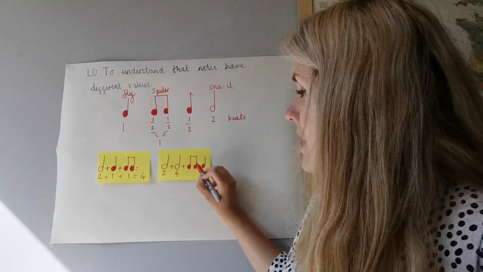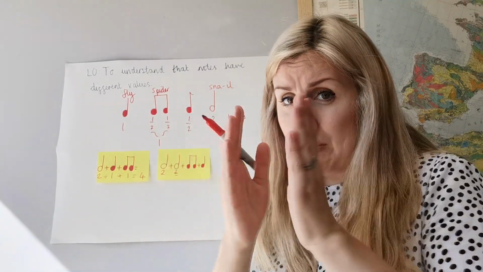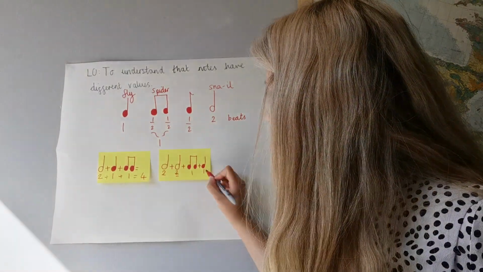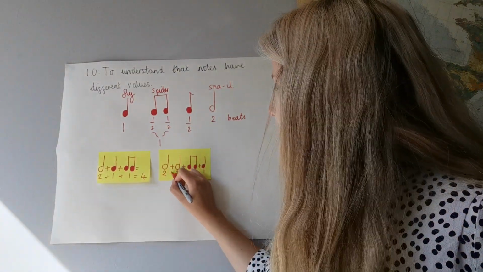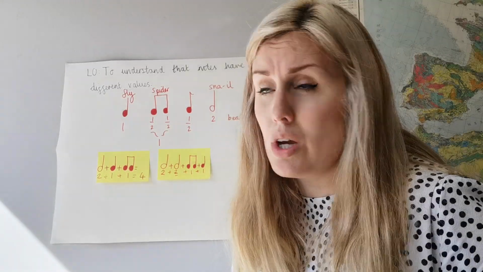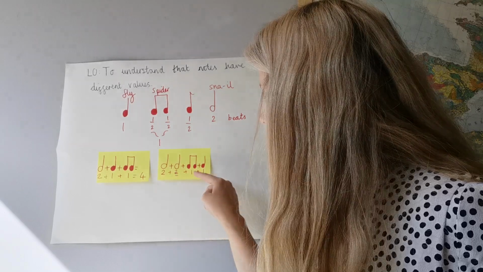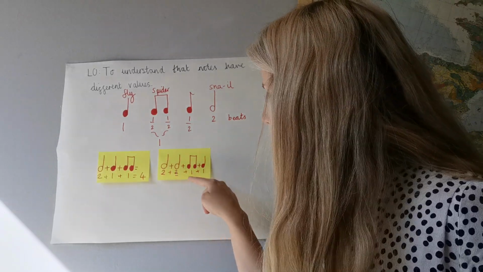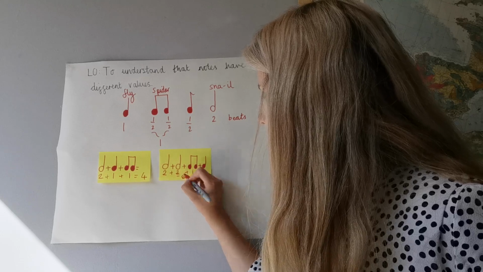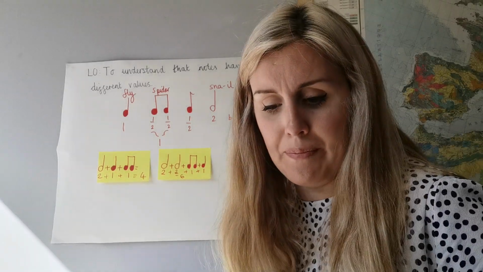And this one here, it's 2 quavers, so 2 halves make a whole, so it's 1 beat. So I'm going to put 1 there, and that's 1 as well. So all I need to do is add these numbers together to work out how many beats it is in total. So 2 add 2, add 1, add 1. So that's 4, add 5, add 6. So that one is 6 beats altogether.